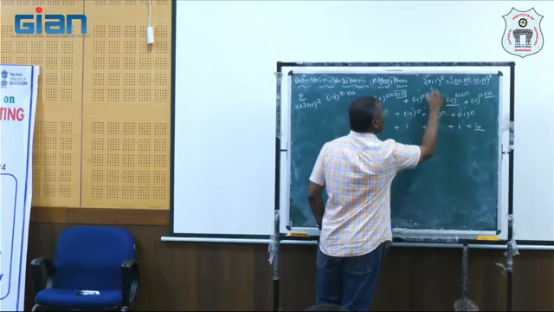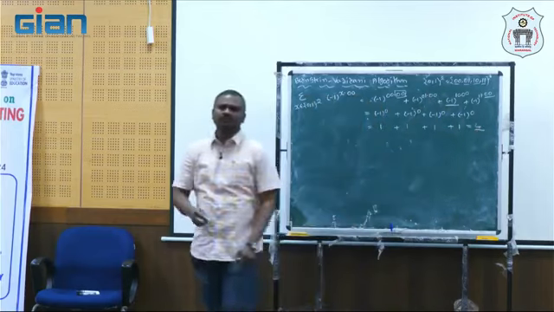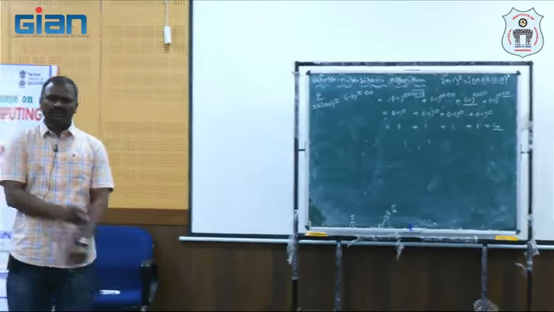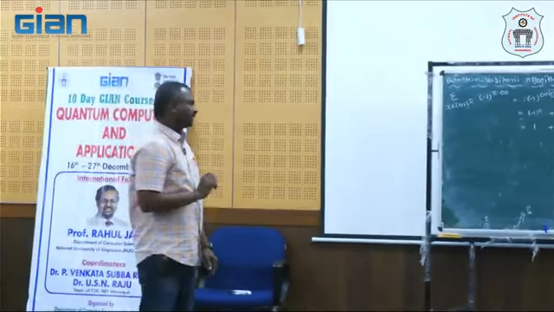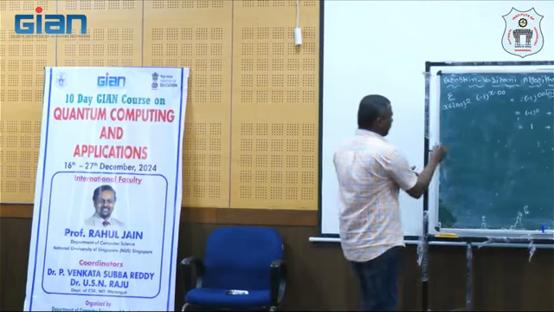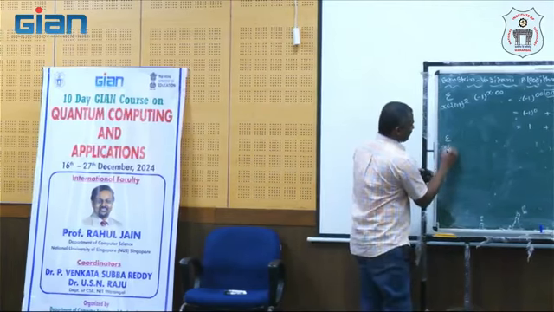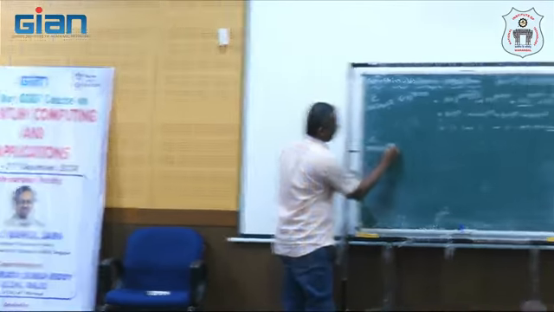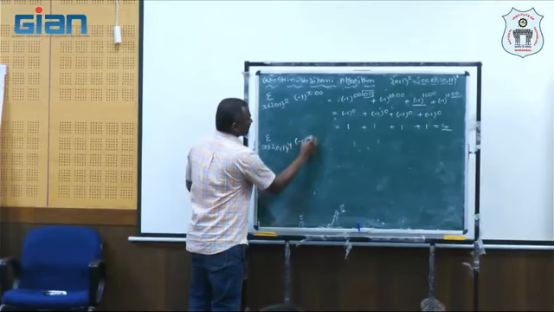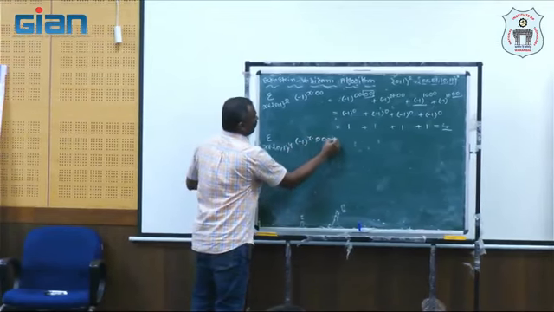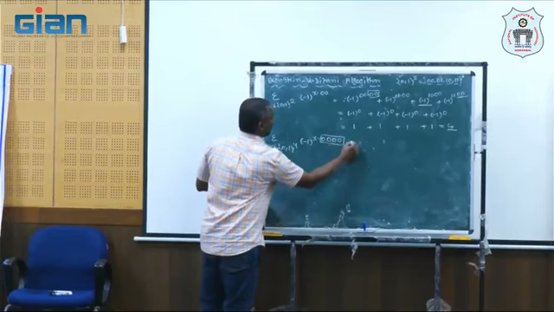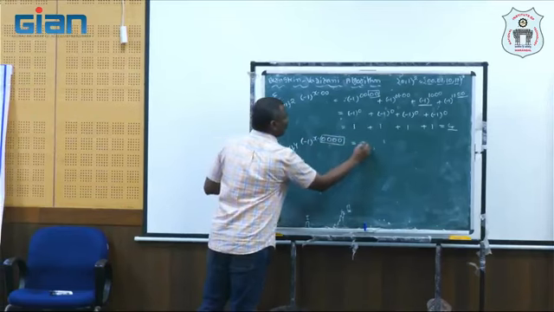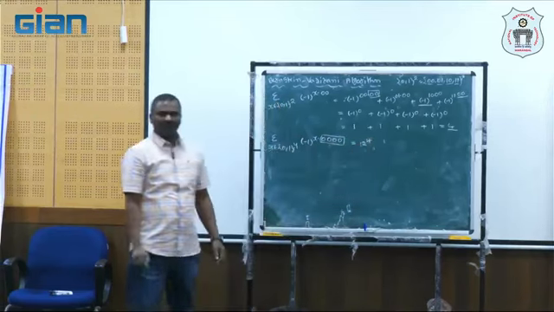What is this? The cardinality of this set only. Now, can you tell me what is sigma x belongs to {0,1} whole square, minus 1 whole power x dot 0 0? The value is 2 power 2, which is 4.